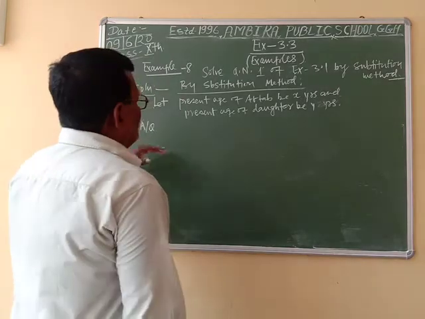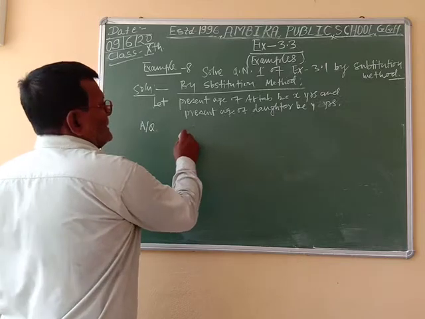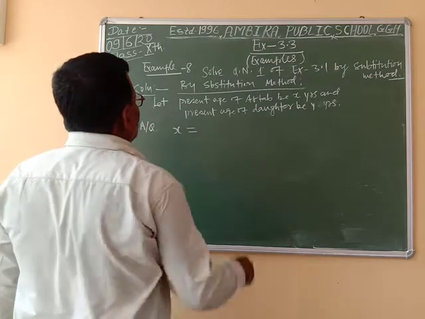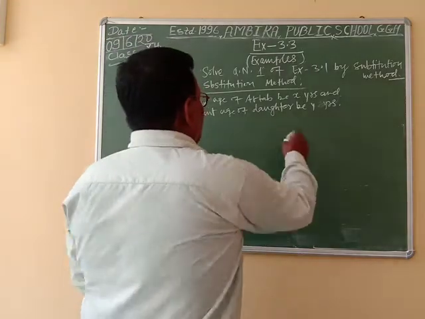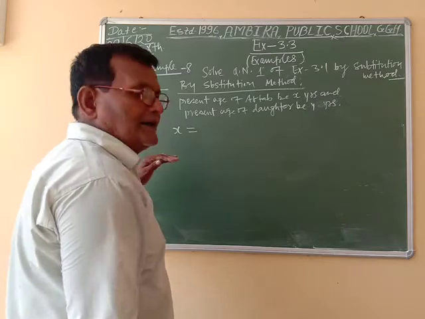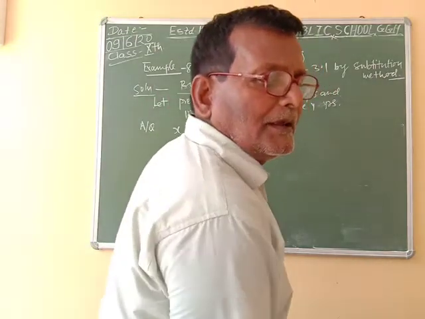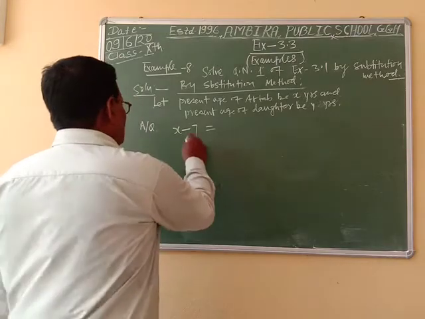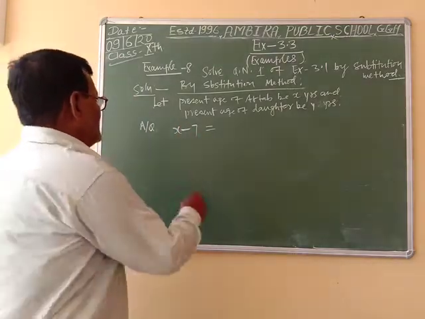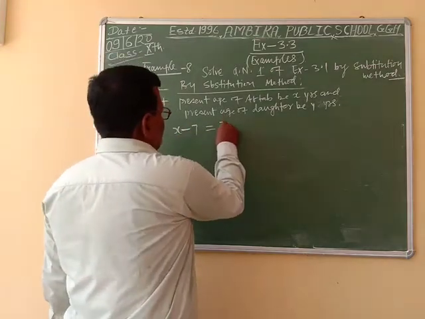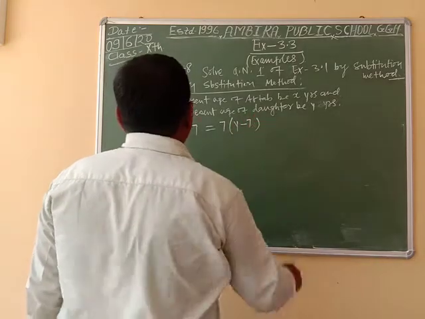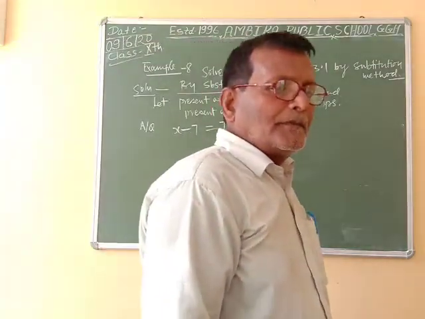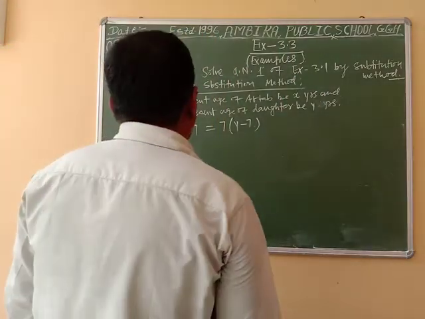According to the first condition, we can write: because the present age of Aftab is x years, 7 years ago, x minus 7 is equal to 7 times (y minus 7). This is your first condition.